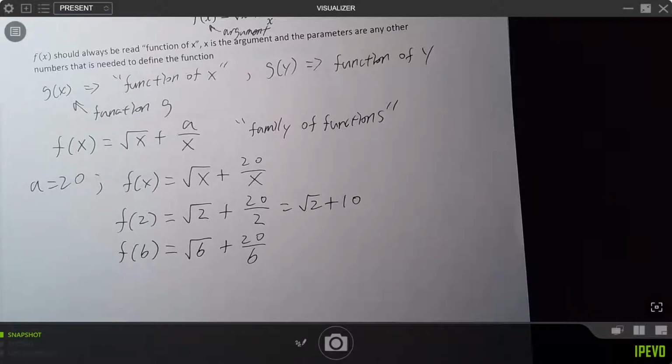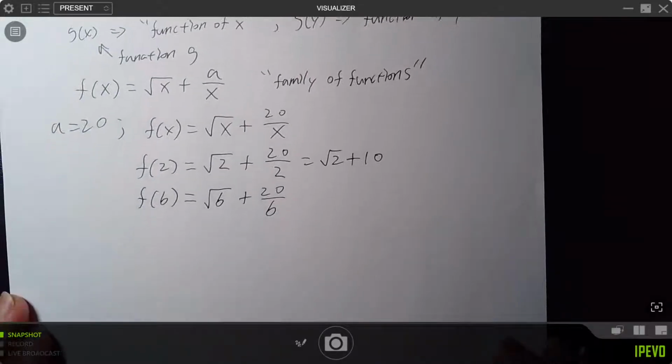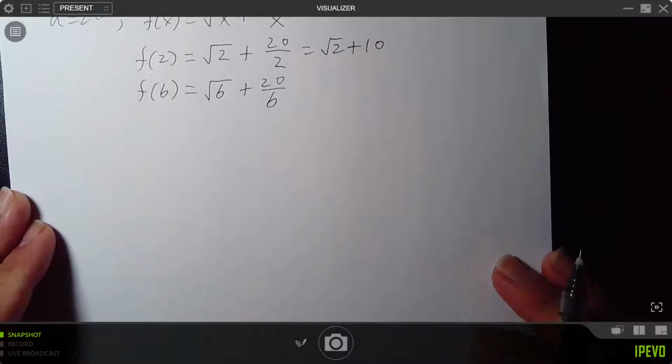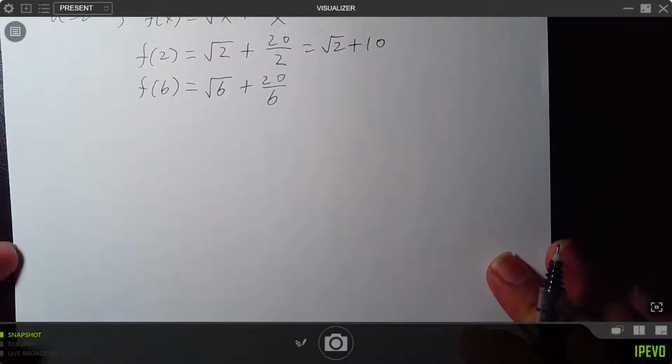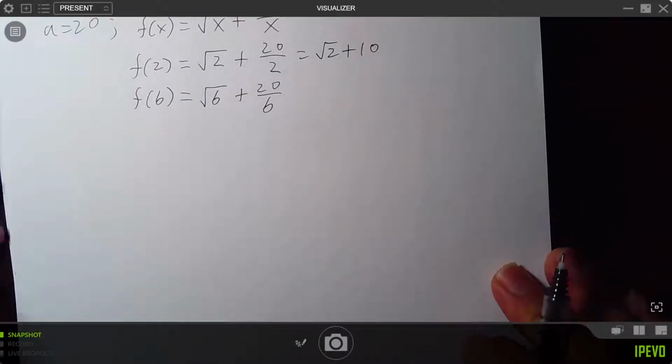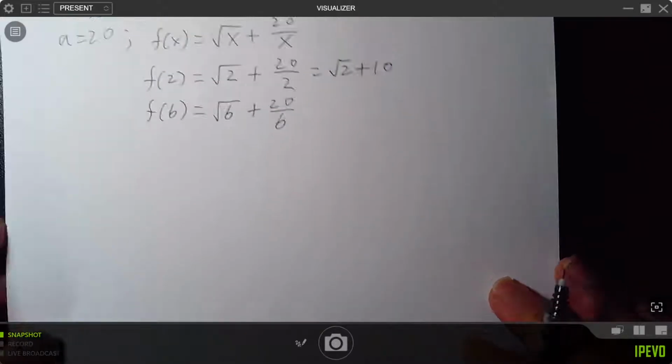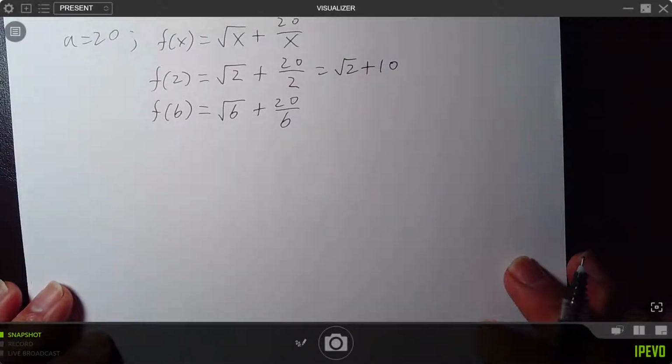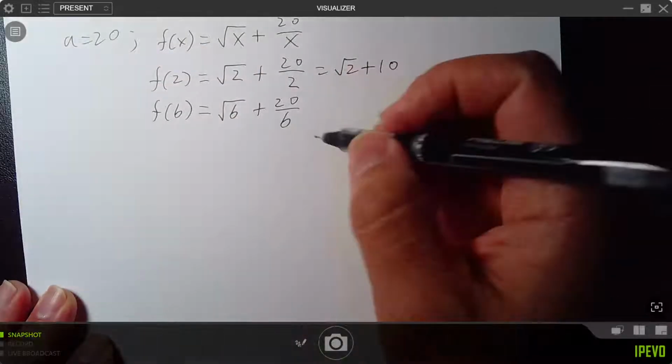One of the functions that we will be using quite often later on in this class is a probability function, a specific probability function.